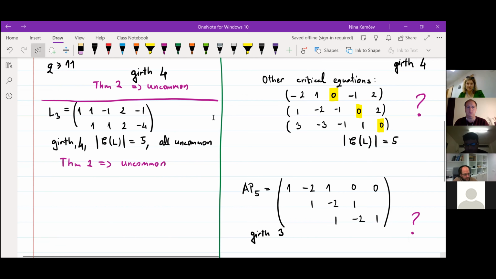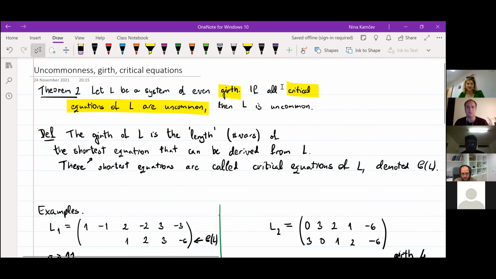Again, we reduced the uncommonness of L to looking at single equations. But if this condition feels a bit too strong, then you have the right intuition, because as we saw here, what if some of the critical equations are common, some are uncommon, etc. Can we still say something?